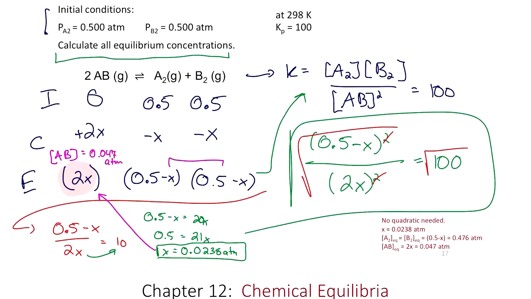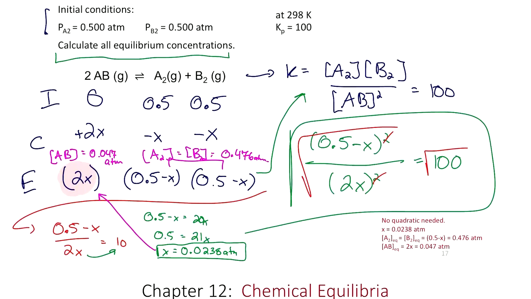And then A gas and B gas both have the same pressure. So I'm just being lazy here. 0.5 minus x is something like 0.4476 atmospheres, right? So you actually have to plug that x back in so it has meaning to us. X doesn't necessarily always mean what our answer is. All right. So there we go.